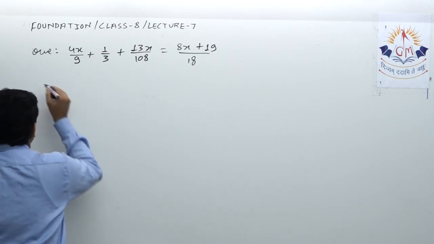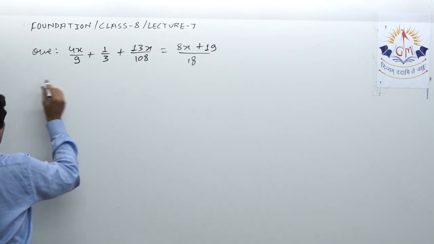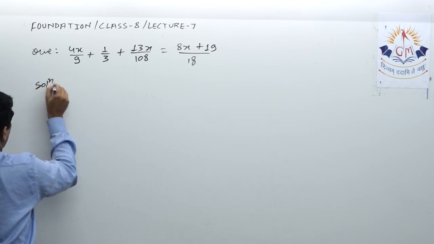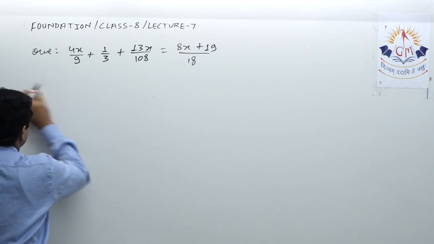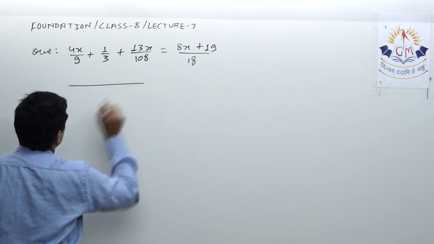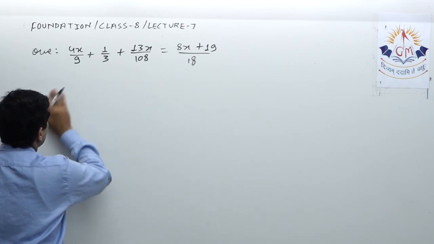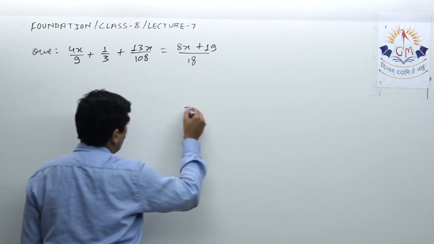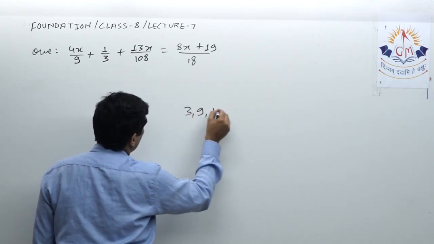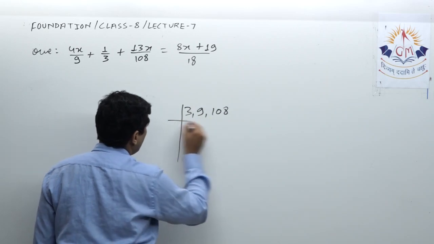Okay, so here we'll start with taking LCM. Here LCM of 3, 9 and 18. So definitely it should be 108, but I'm confirming it.